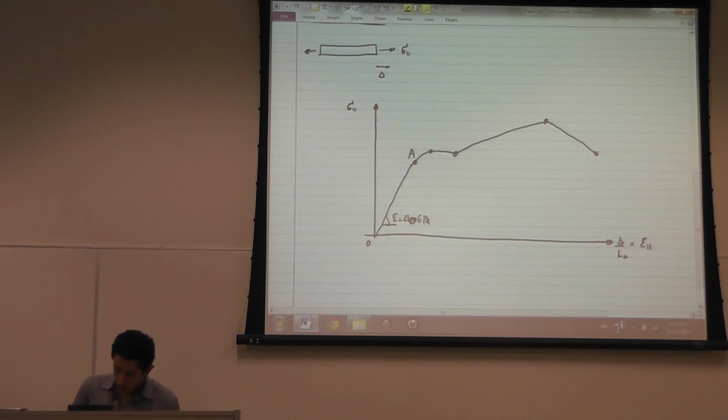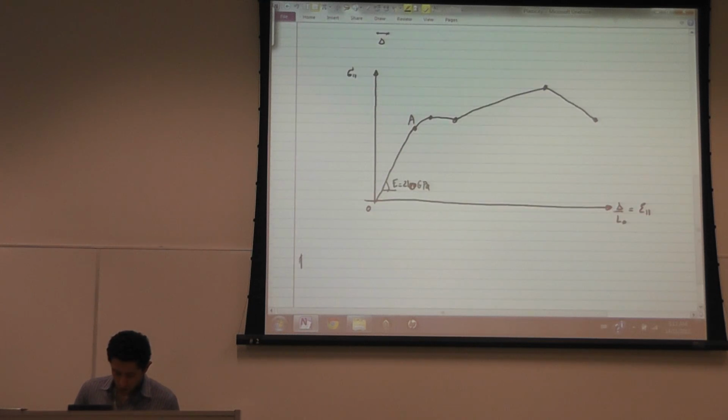So, at any point between O and A, if this is the undeformed specimen, you apply sigma 1, and then you remove sigma 1, the specimen goes back to its original shape. And not only this, the relationship between sigma 1 and epsilon 1 is linear.